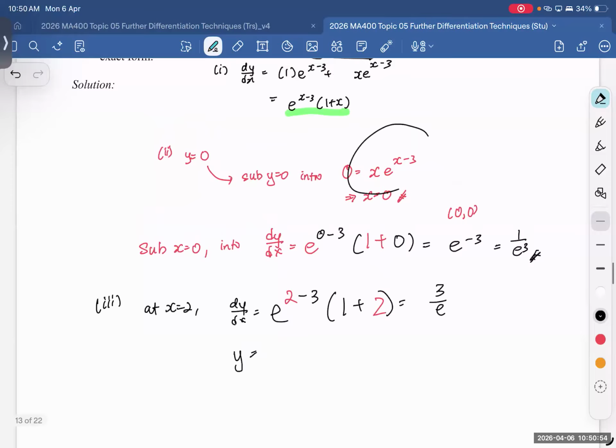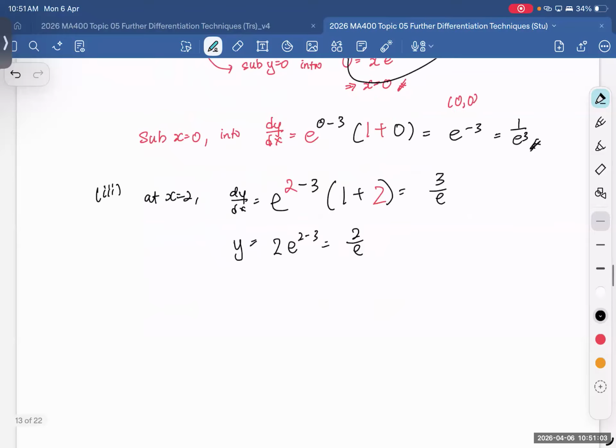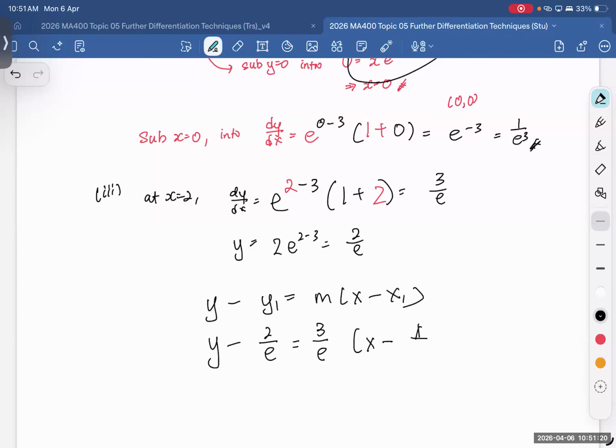Sub in again. 2 e to the 2 minus 3, which is 2 over e. y minus y1 equals gradient times x minus x1. I now sub in. Gradient is 3 over e, x minus x1, x1 is 2.